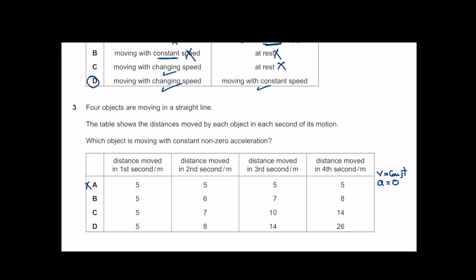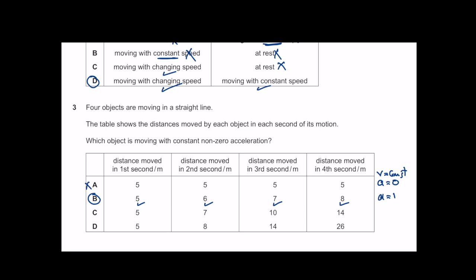Then at option B, the speed was 5 meters per second, then 6 meters covered per second, then 7, then 8. I can observe the speed is increasing by 1 each second. So the acceleration here is 1, and the velocity is increasing. So I think this is the right answer.